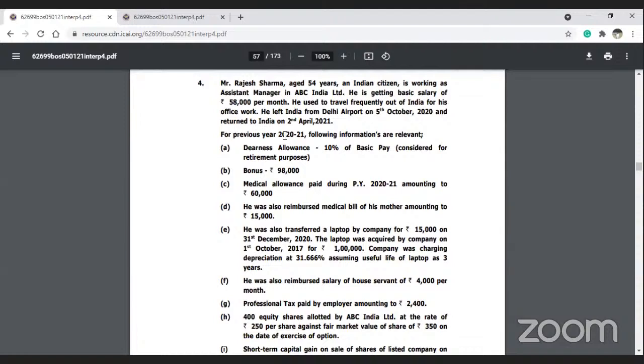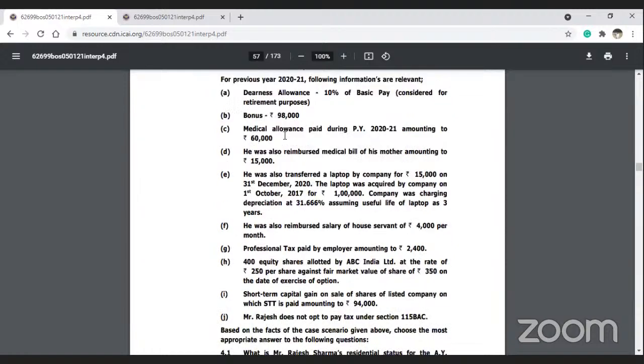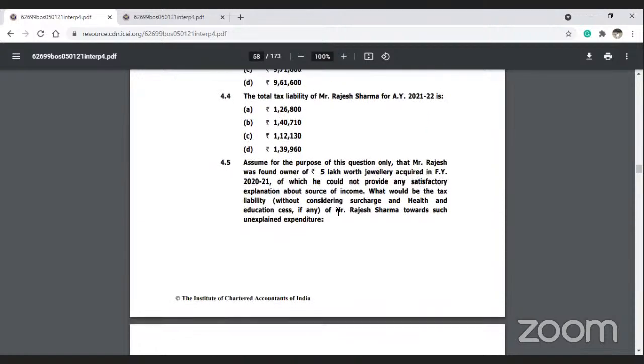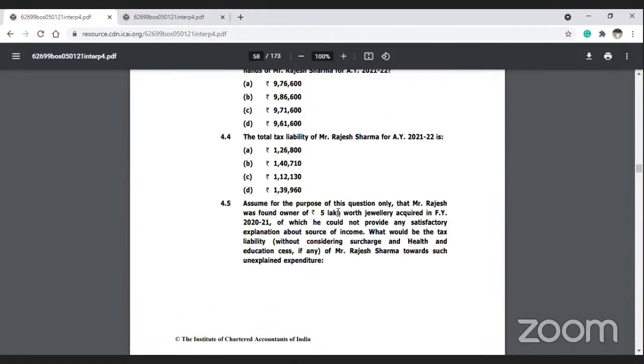So that will be April 30 days, May 31 days, June 30 days, July and August 31 days, September 30 days, October 5 days. That comes to 188 days. So he is a resident. Resident, but cannot determine exactly. Option A, right? Yes, A. So 1A, yes, it is correct.